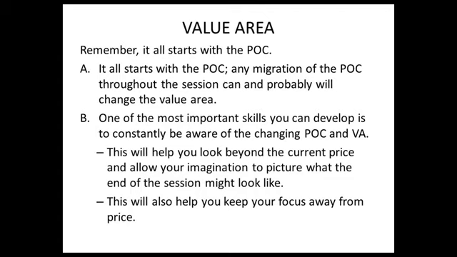The POC, or fairest price at which business can be conducted, can remain in one place throughout the day. It can migrate higher. It can migrate lower. Being able to stay focused and think about what the point of control is doing will help you keep a good perspective of what is really going on any particular day.